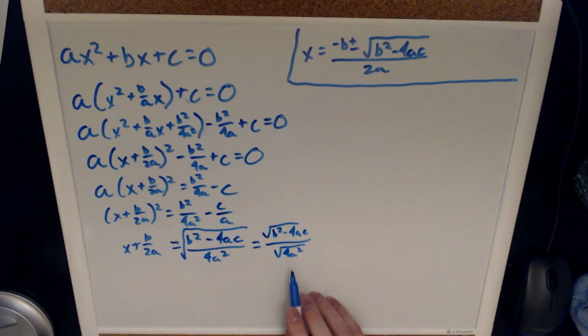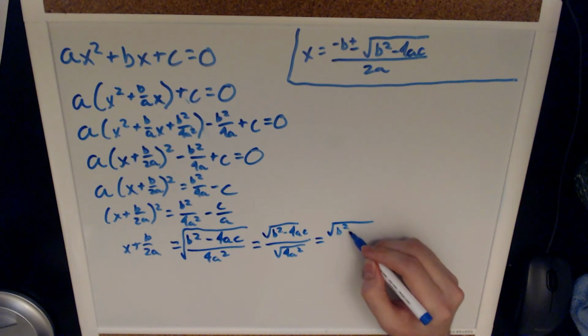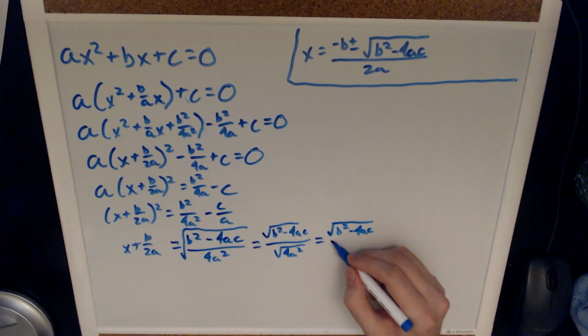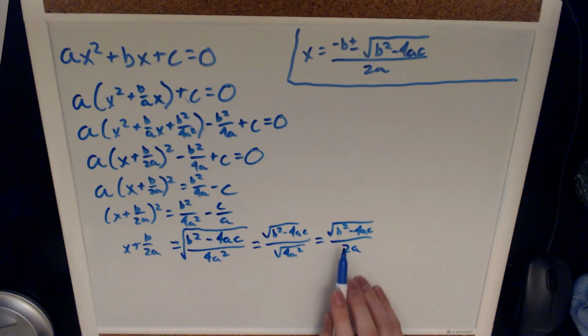As this is a perfect square, we can set that equal to its square root, which is 2a. This should be looking very familiar because we will have one last step to get to our goal.